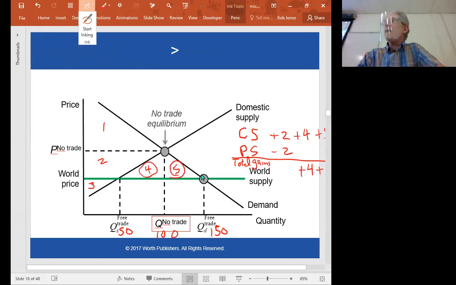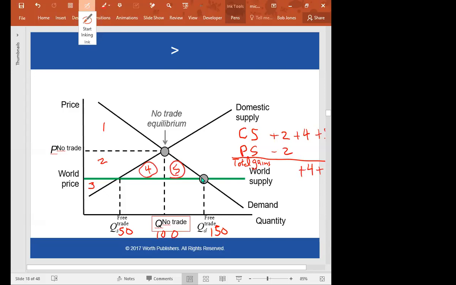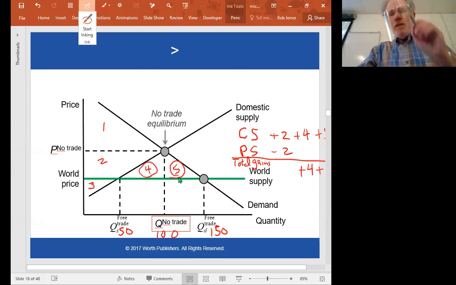The demand, that's a gain. Area 5 is a gain going to the demanders, to consumers.